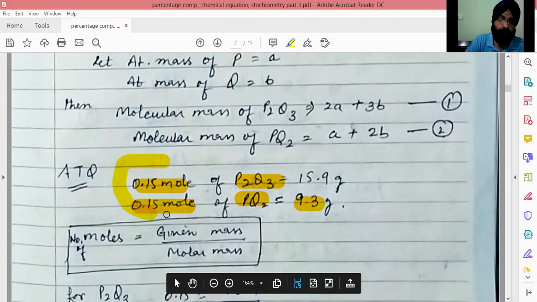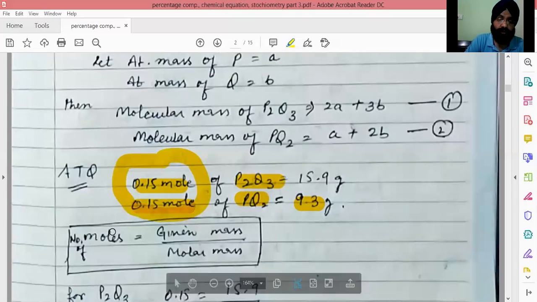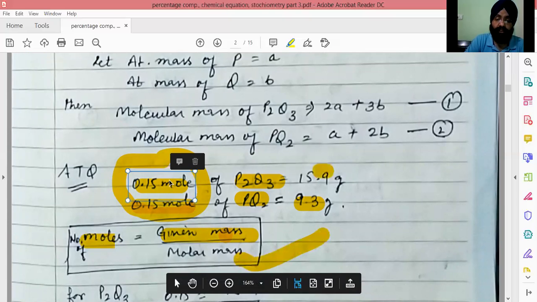Number of moles is equal to given mass upon molar mass. Now the mass is given and the moles are given, so we can find the molar mass from these two quantities first of all.